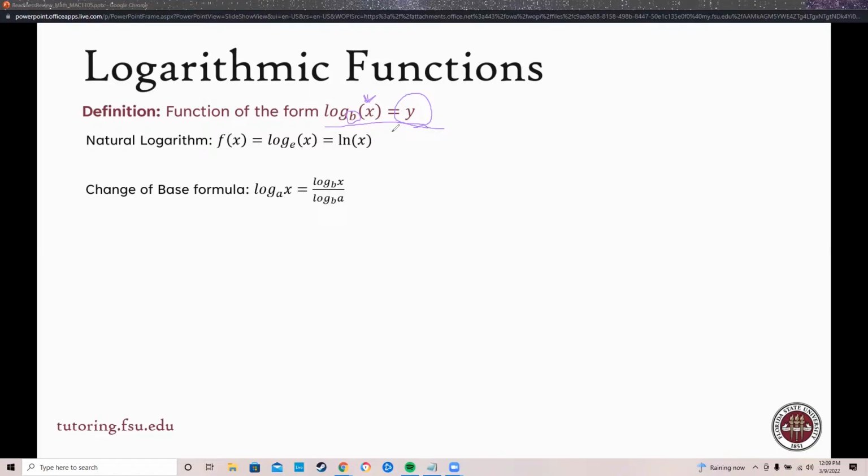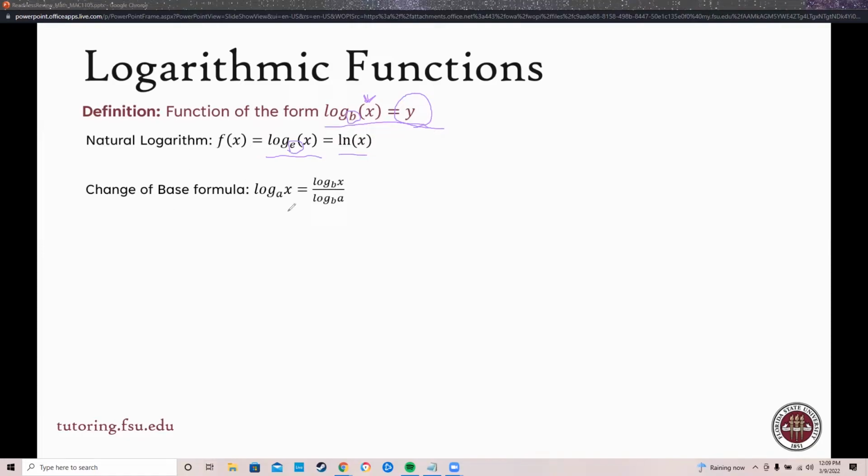In math, we like to use natural logs more often than traditional logarithms. Natural logs are just logarithms in base e, whereas other logs are in base 2 or base 10. Those are both pretty common. Natural logarithms, again, are in base e.